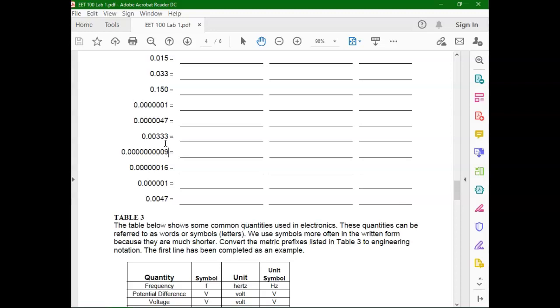Okay. What is its engineering notation? Anybody want to take a guess? Would be 900 times 10 to the negative 12th power.